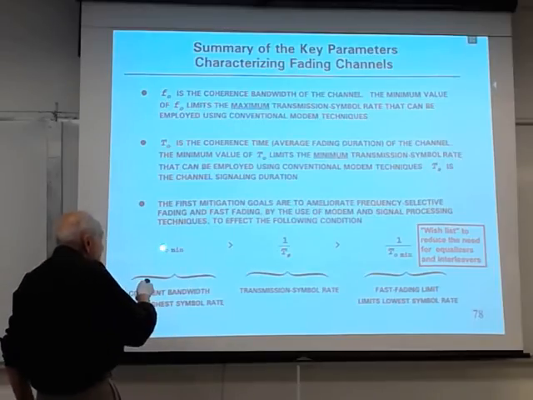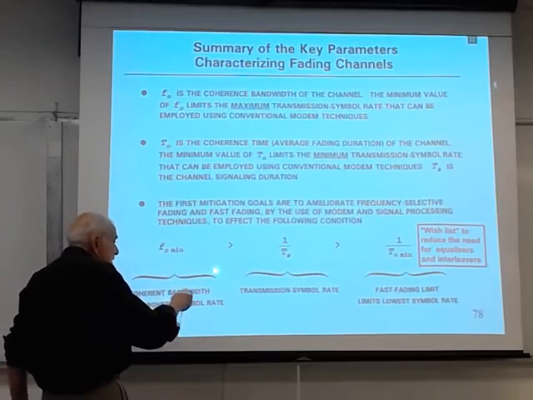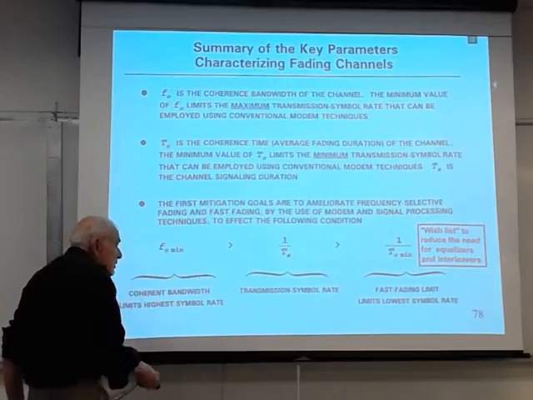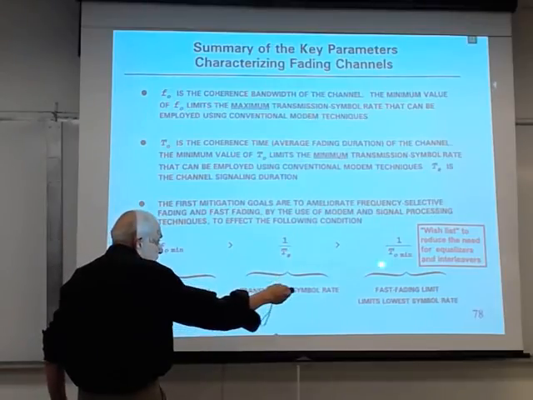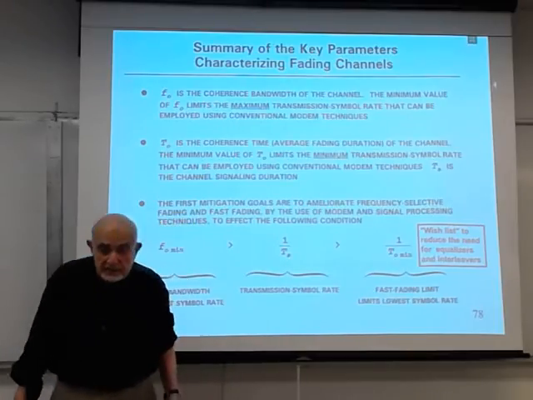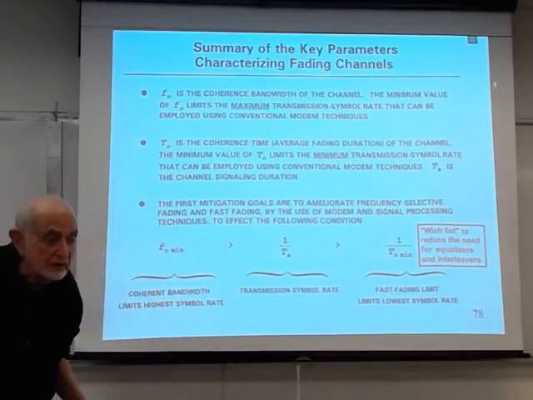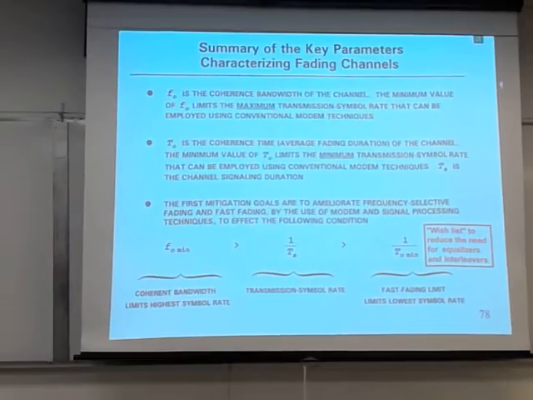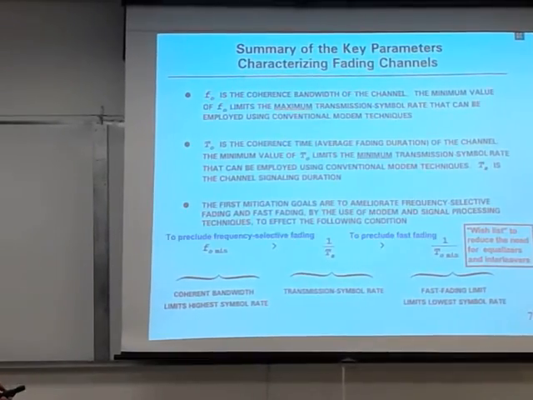So f sub 0, the coherence bandwidth, should be greater than the signaling speed, which should be greater than the fading rate, f sub d, which is the reciprocal of the coherence time. So I put this down.